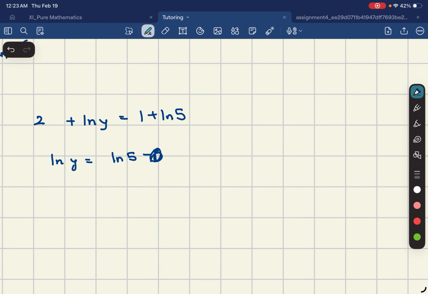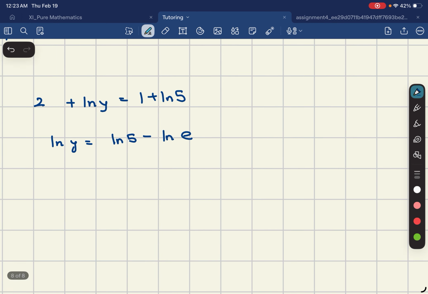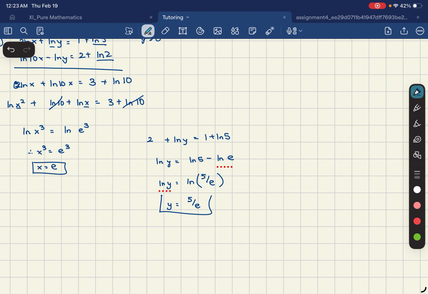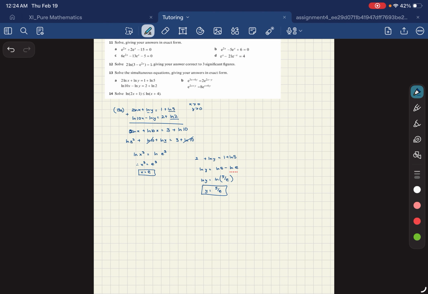And 1 can just be written as ln e. So ln y is equal to ln of 5 divided by e. Therefore y is going to be equal to 5 over e. So x is equal to e, y is equal to 5 over e, both greater than 0. That is how you solve 13a.